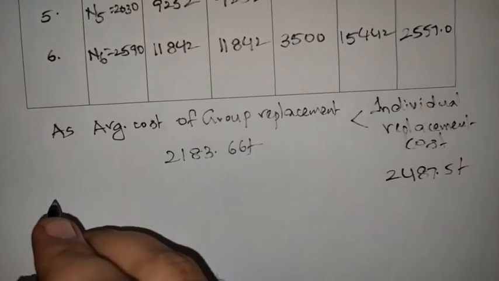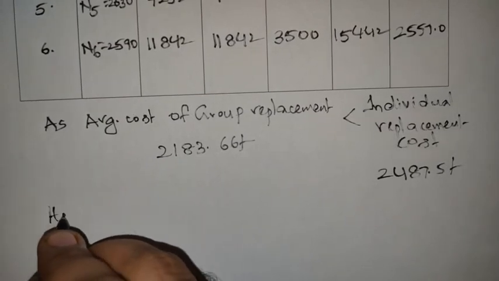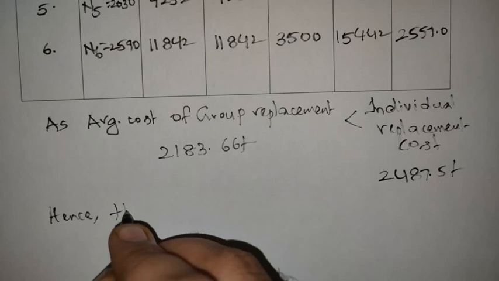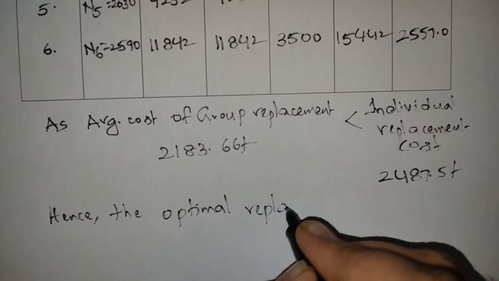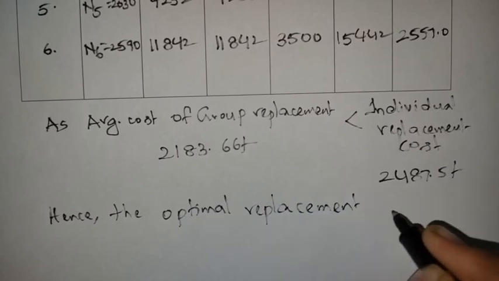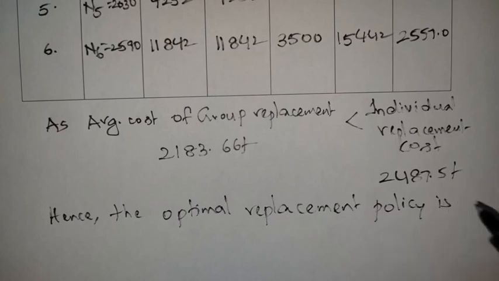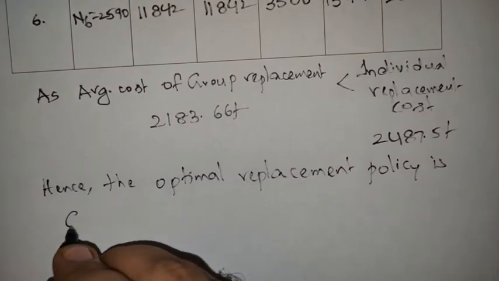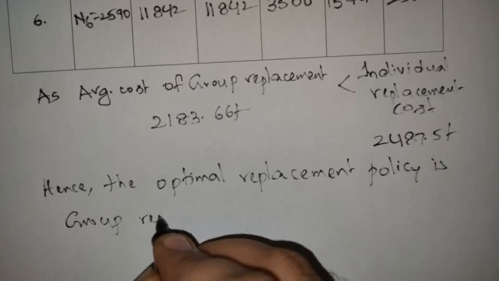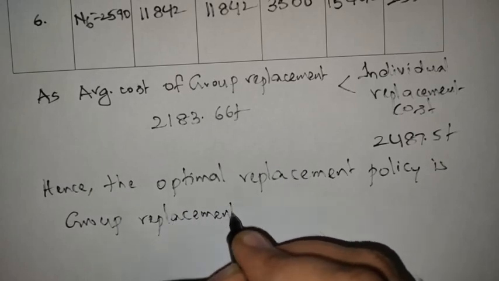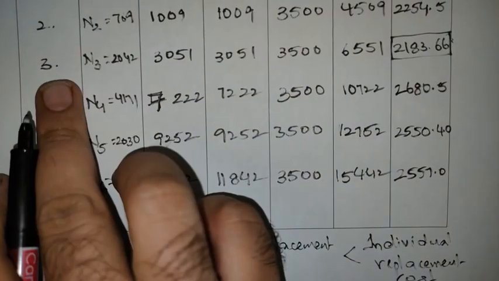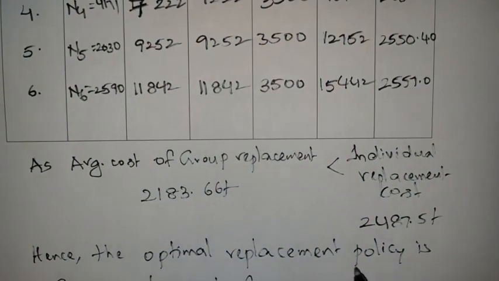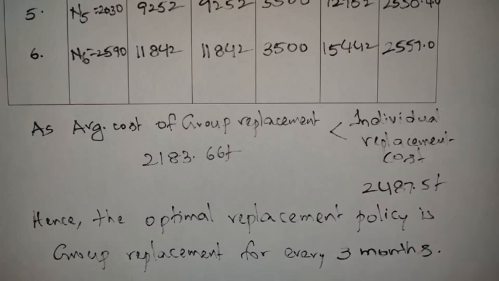Hence the optimal replacement policy is group replacement. Here we got it in third month, so that's why for every 3 months, for every 3 months, right?